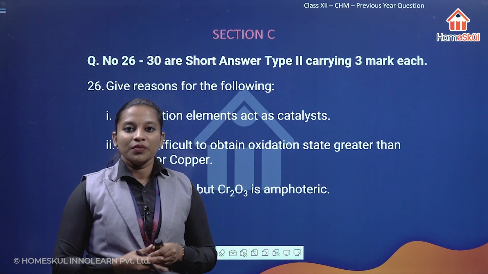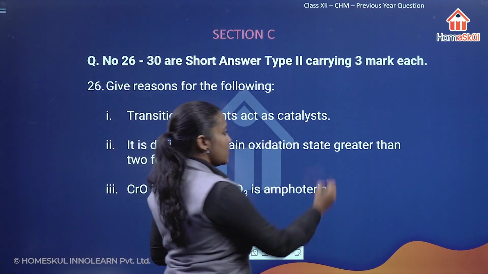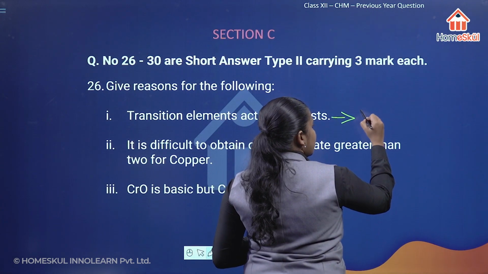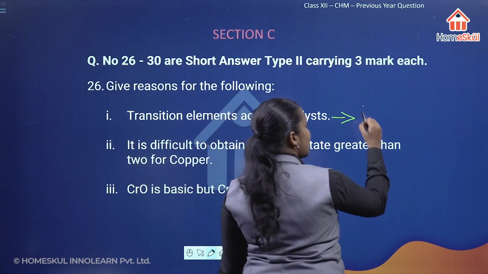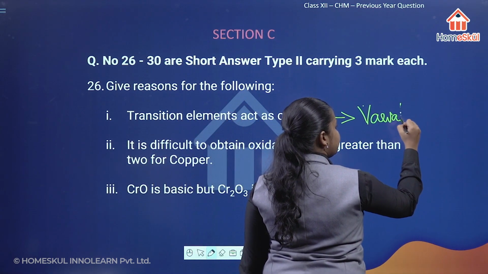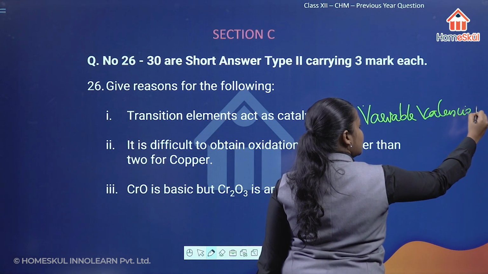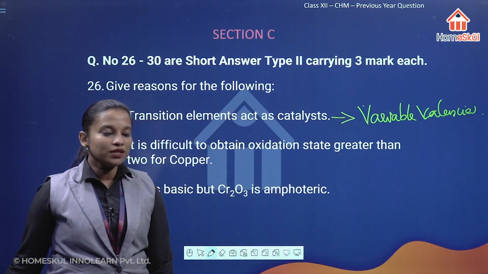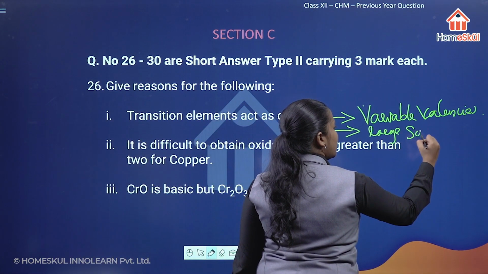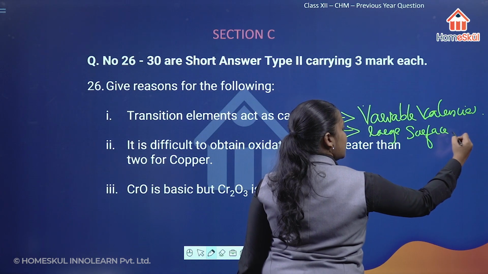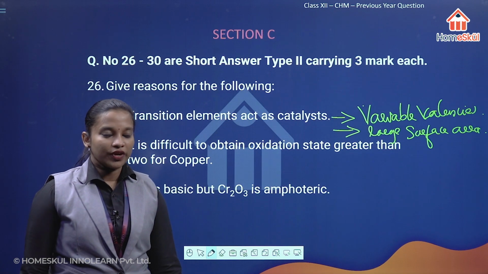We know that many of the transition elements are catalysts because of the tendency to show variable oxidation states or variable valencies. This is one of the points, and also they provide a large surface area for the reaction. That is why they act as catalysts for a reaction.